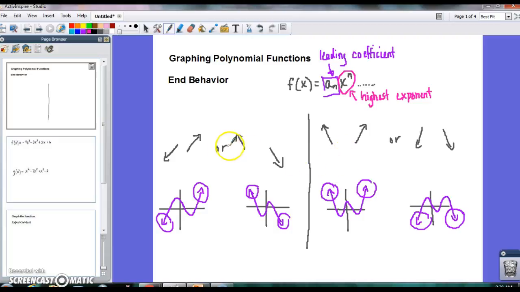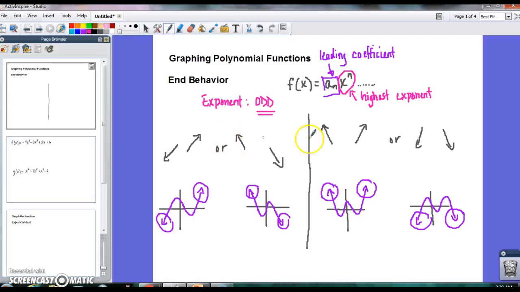Okay, so here are the scenarios. On the left here, if that exponent or that n value is odd, you have opposite ends of your graph. Okay, the ends are opposite directions of each other when that exponent is odd.